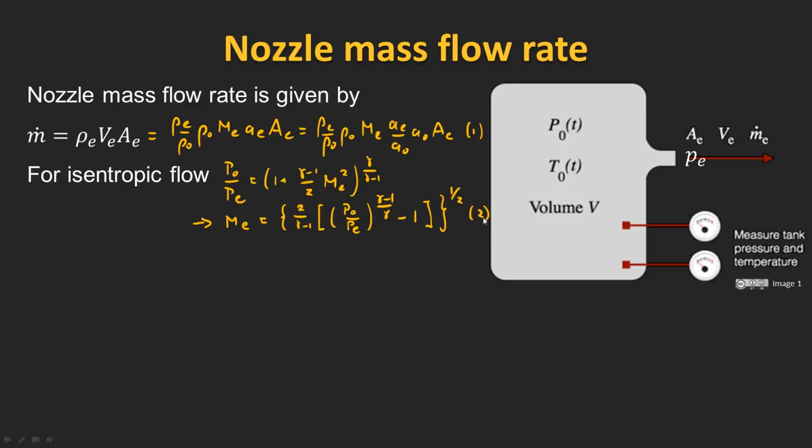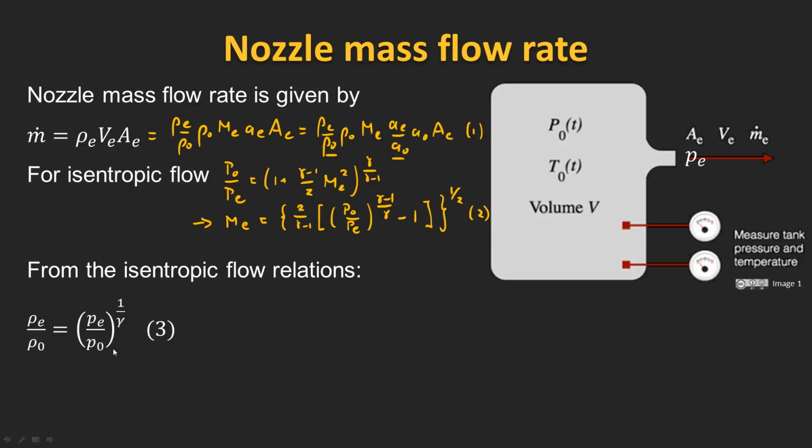Now in order to find these exit to stagnation property ratios here, we can just make use of the isentropic flow relations. The density ratio is going to be equal to the pressure ratio to the power of 1 on gamma, while the sound speed ratio is just equal to the square root of the temperature ratio, which is nothing but the pressure ratio to the power of gamma minus 1 over 2 gamma.